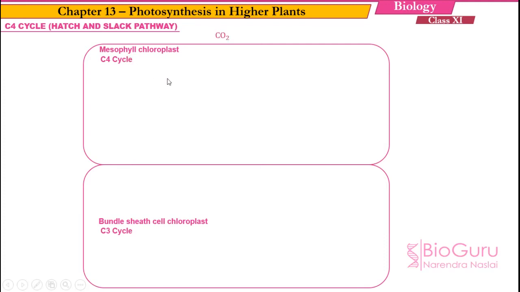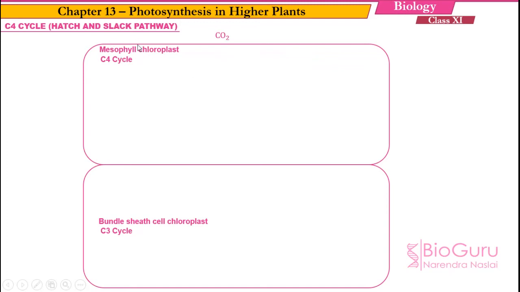Here the carbon dioxide fixation is going to occur in the C4 cycle. Now, if you remember the Calvin cycle, there the primary acceptor is ribulose 1,5-bisphosphate, which is going to combine with the carbon dioxide.